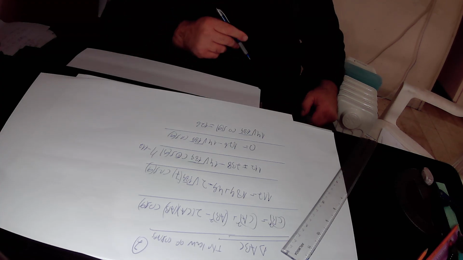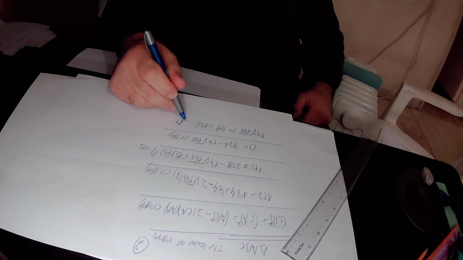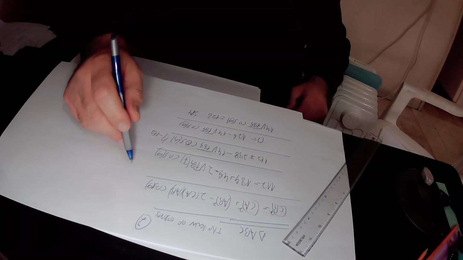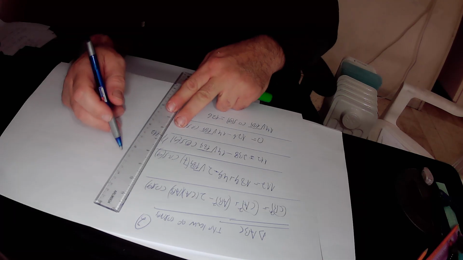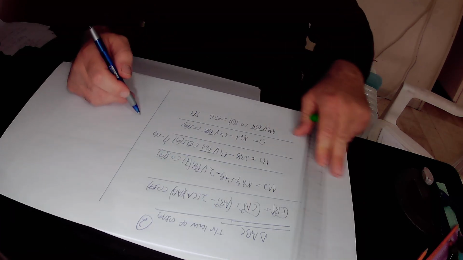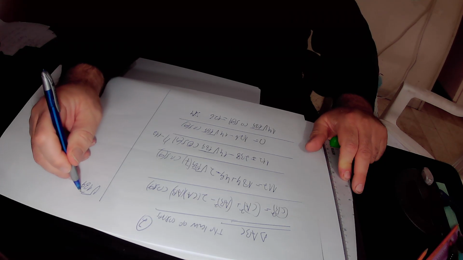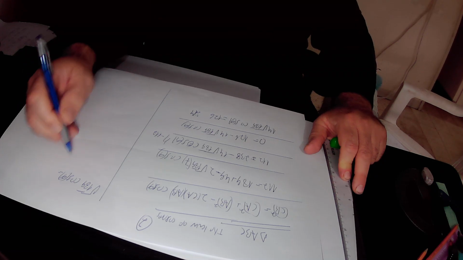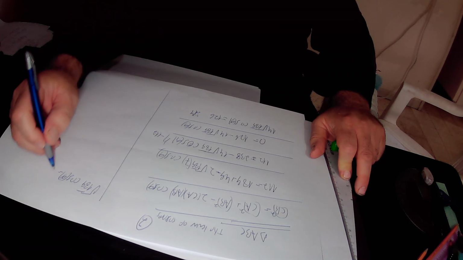So here we divide this equation by 14, and you get that on this side of the equation we have square root of 189 times cosine alpha equals 126 over 14, which is 9.